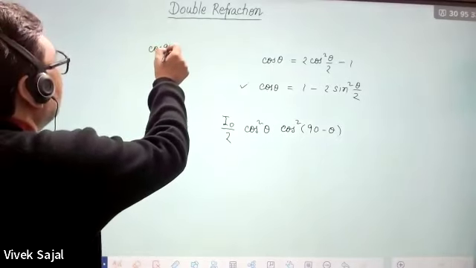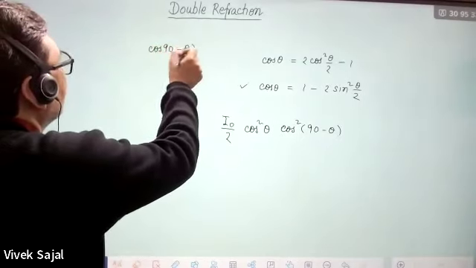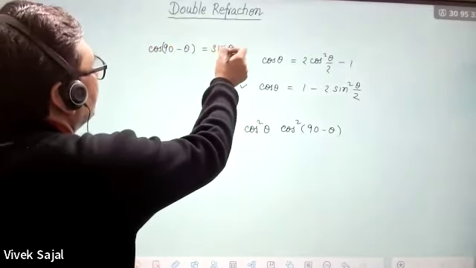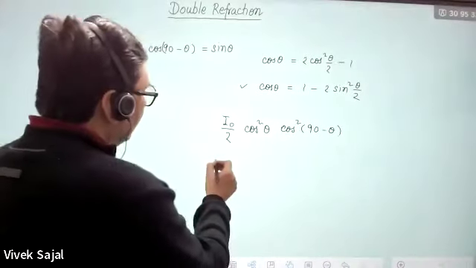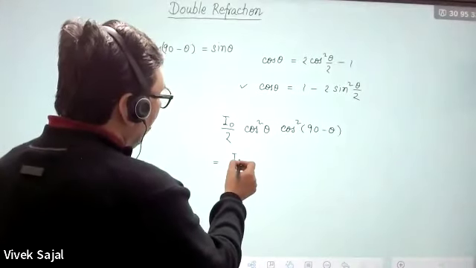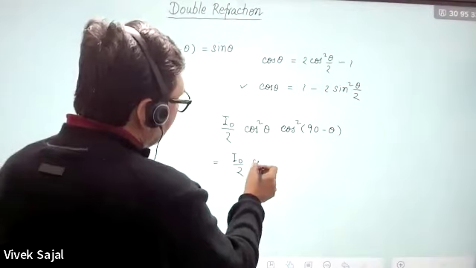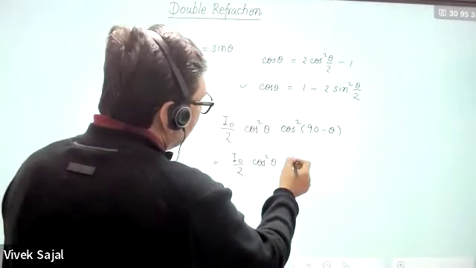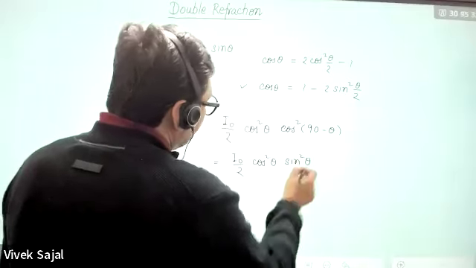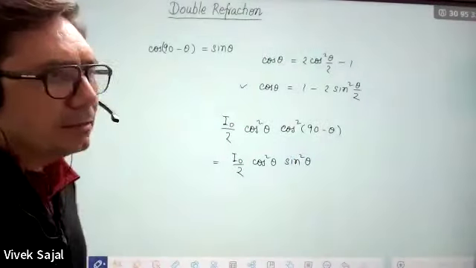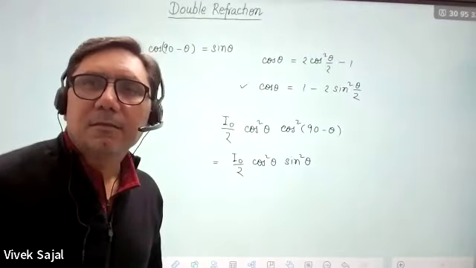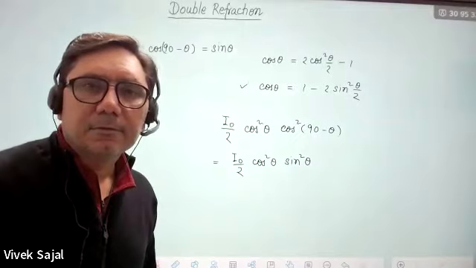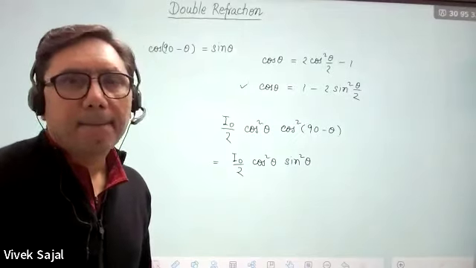That will be sin theta. Correct. So here I write it as I naught by 2 cos square theta, and this will be sin square theta. Sir, the formula is just I naught by 2 cos square theta, so how did the next term cos square 90 minus theta come?